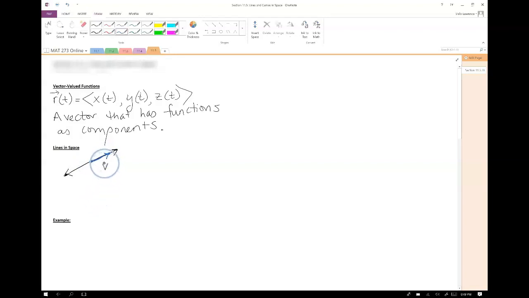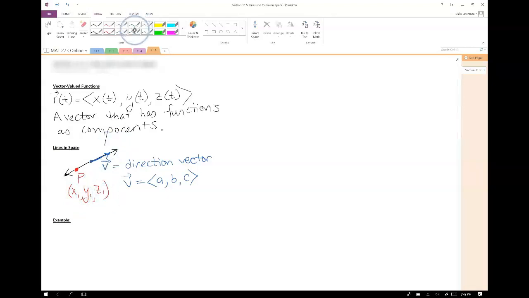So we would have this direction vector we call v, and we would know the components for v. Let's say they're a, b, c. We would also need to know a point on this line, and we'll call that p. It has coordinates x1, y1, z1.